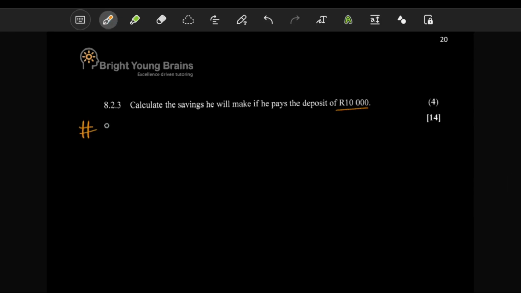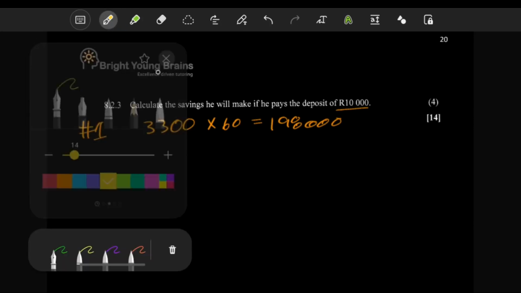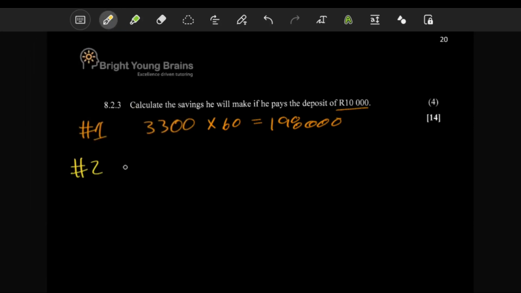In scenario number 1, this person will pay 3,300 over 60 months. This clearly shows that in that scenario, this person would have paid 198,000. Okay, but then in scenario number 2, this is what he would have paid.